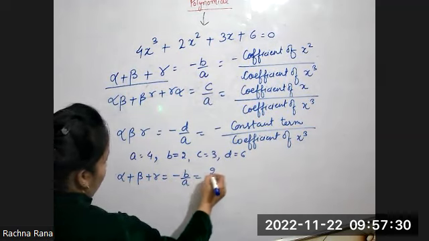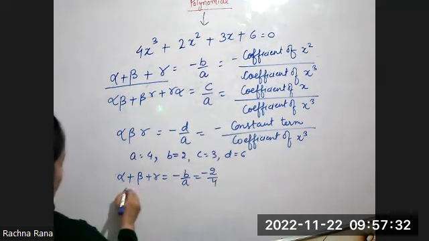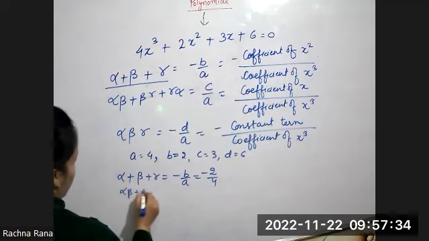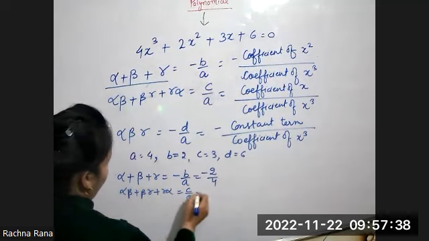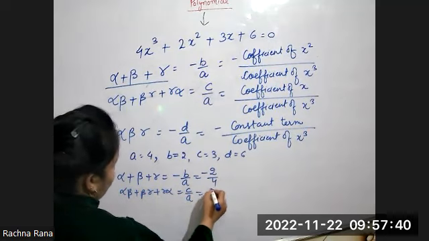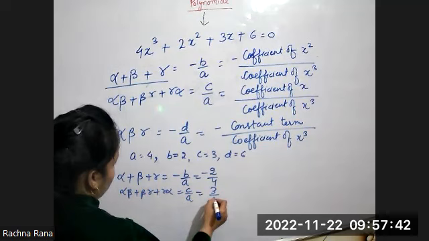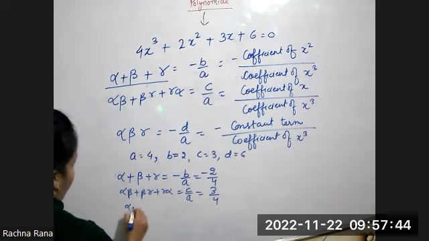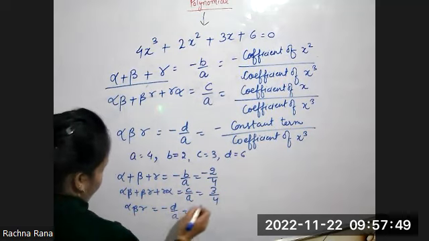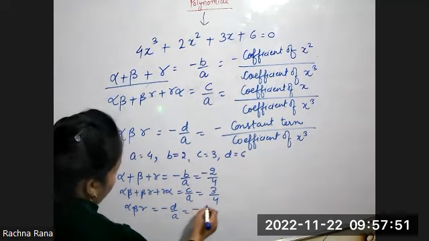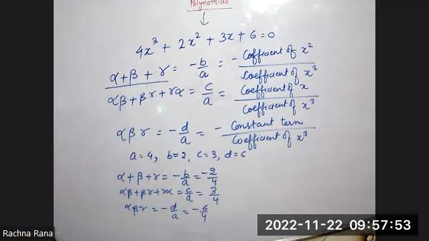That means minus 2 over 4. Alpha beta plus beta gamma plus gamma alpha is equal to c over a, that is 3 over 4. Alpha beta gamma is equal to minus d over a. This is minus 6 over 4.